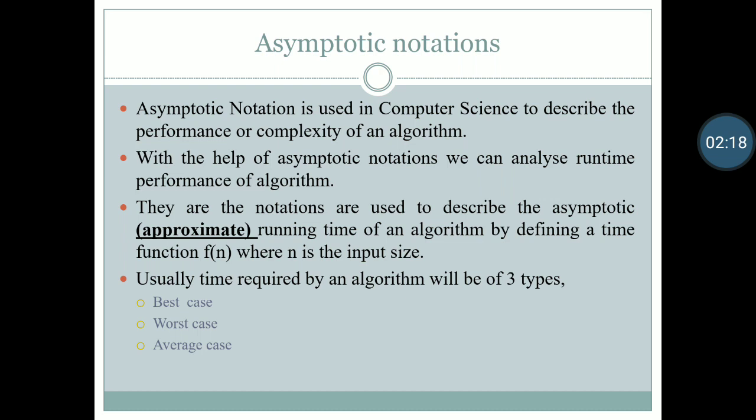Best case, worst case and average case, we already know: the minimum time required by an algorithm will be our best case, the maximum time required will be our worst case, and the average time will include the best case, worst case as well as the different possible cases in the algorithm.